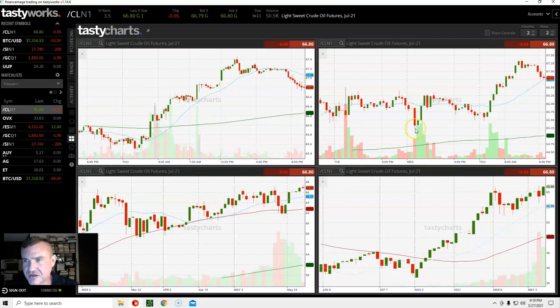We touched down here at 65.25, sold down, but as soon as it sold down, look at these buyers, drove it back up to this mark right here, sold down a little bit here, and then buyers really came in. So that is what I am looking at the moment, and moment to moment, day to day, week to week.